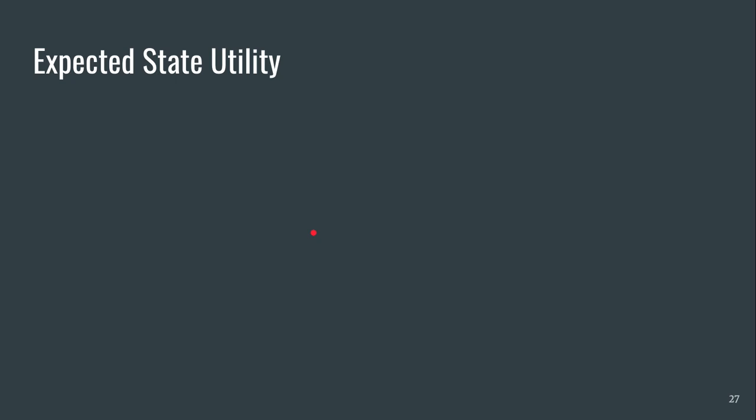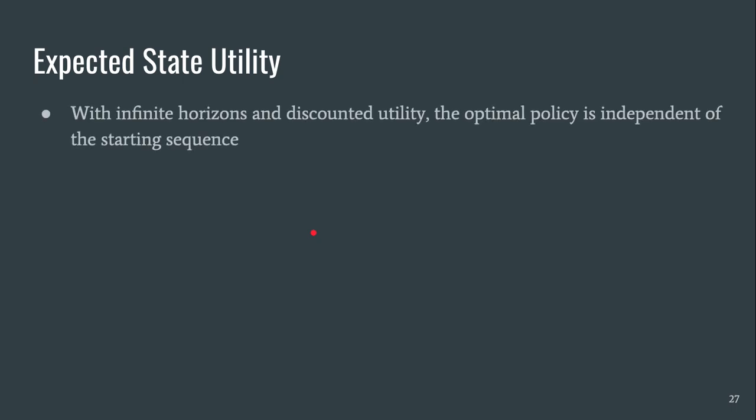Now with that, we can look at expected state utility. Basically, what is the expected utility of every single state? This is really powerful because with infinite horizons and discounted utility, the optimal policy is actually independent of the starting sequence, meaning it's to our benefit to calculate the utility of each state as opposed to looking at the sequence.